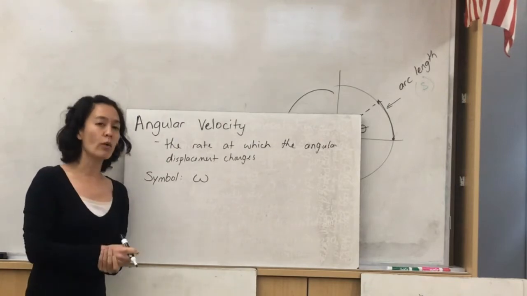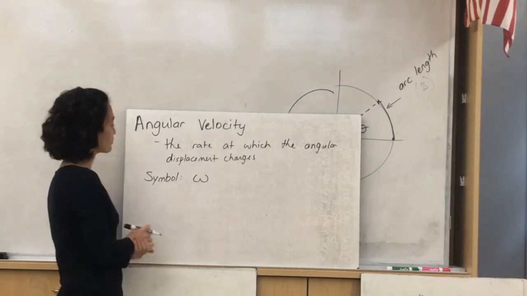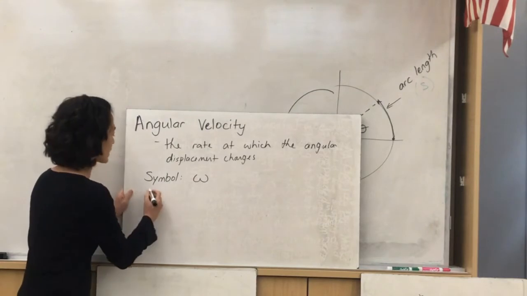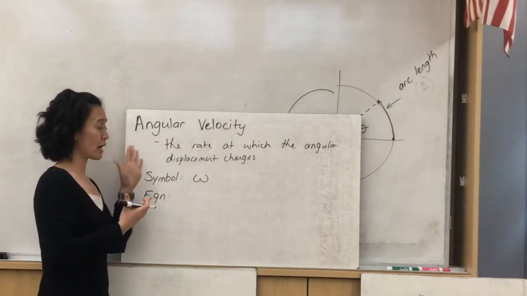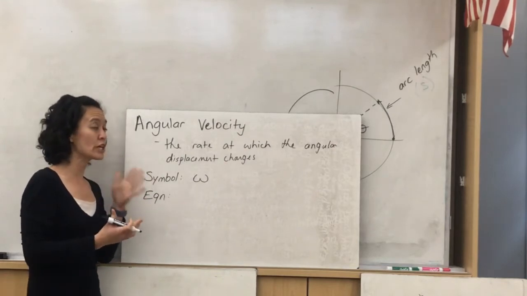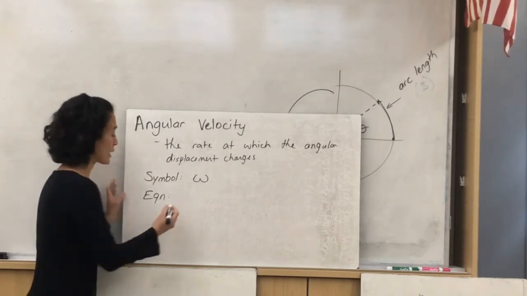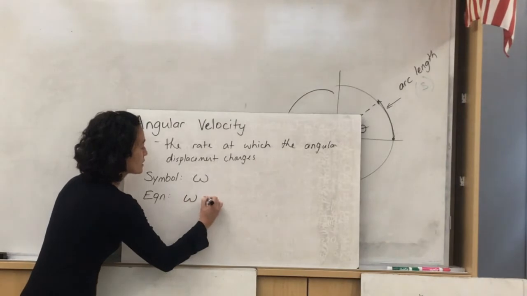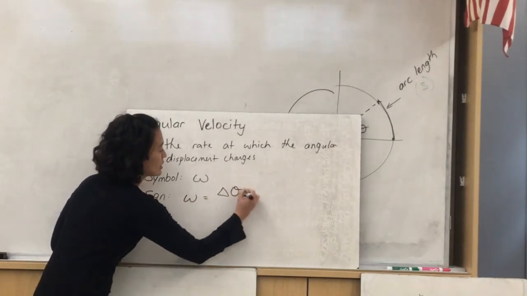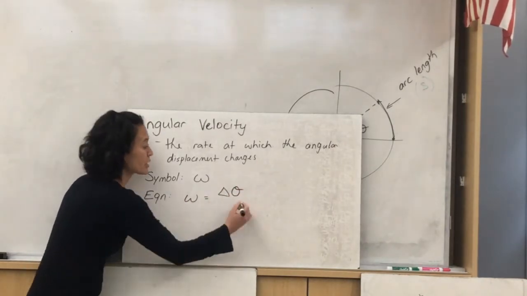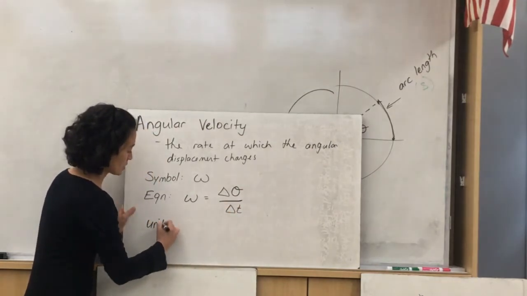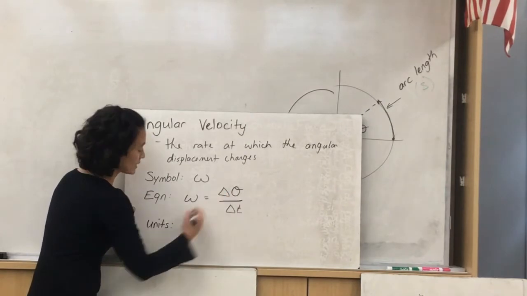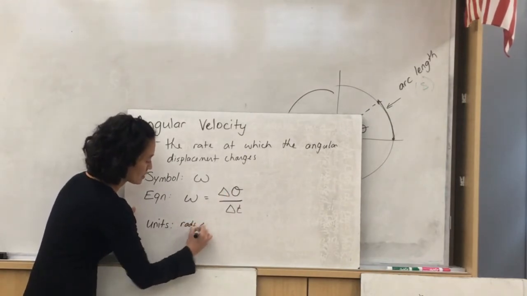All of the angular quantities have Greek letters for their symbols. The equation comes right out of the definition: omega is equal to the change in angular displacement, a change in theta, over a change in time. The units would be radians per second.